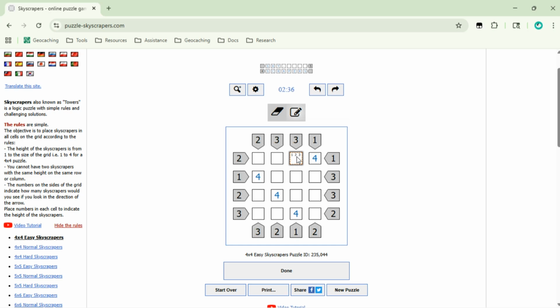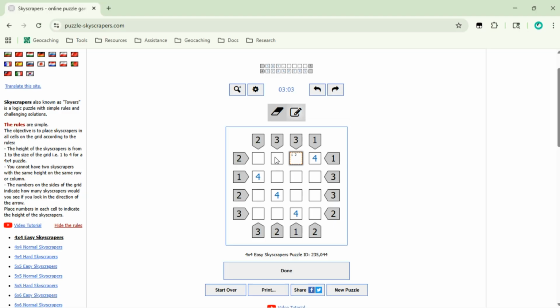So it's 1, 2, 3, but can it be a 3? Well, if it was a 3, I would satisfy this criteria of 3 and 4. However, only remaining left would be 1 and 2, and that means that I would see at least 3. The 1 or the 2, the 3 and the 4. So this can't be a 3. So the 3 has to be one of these.